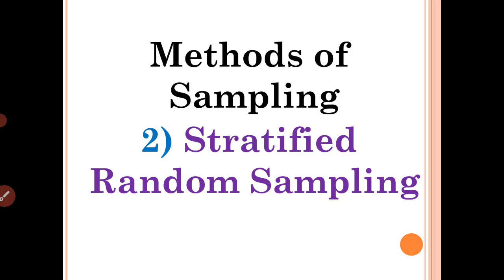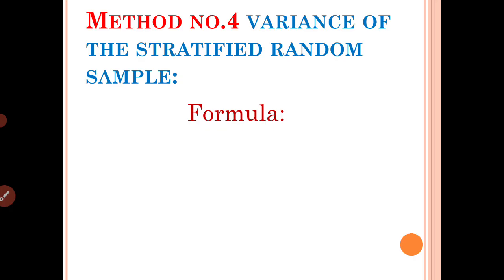We discussed method number 3 in our previous lecture. If you have not watched it, first watch lecture number 4 and then come to lecture number 5. In lecture number 5 we discuss today method number 4, variance of the stratified random sample.